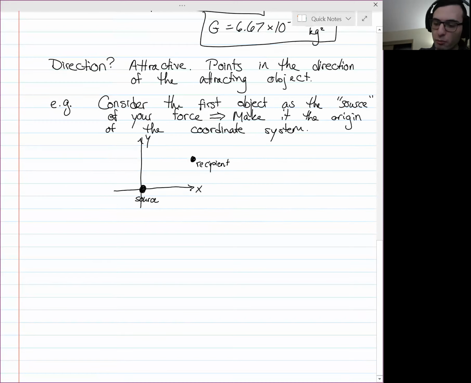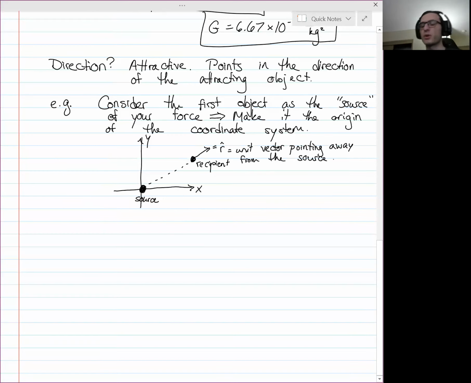Well, we know how to figure out the vector that goes from the origin to the point. It's just the coordinates of the point itself. And so the vector r hat, which is this vector here, is the unit vector pointing away from the source. So you would find the vector pointing away from the source, and then you just divide by its magnitude.